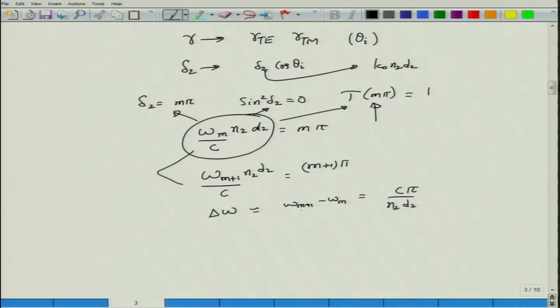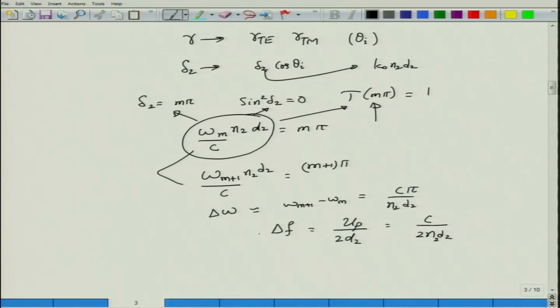So rewrite omega m as 2 pi times f m and then obtain the frequency difference delta f, and you will see that this would be up divided by 2 d2, or you can write this as c divided by 2 n2 d2, where up is c by n2.